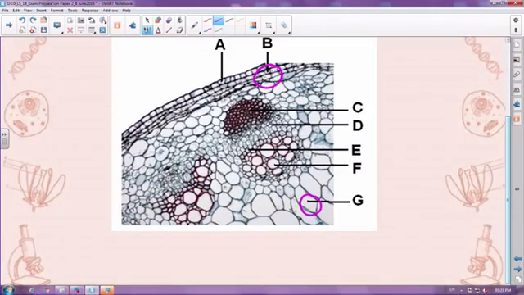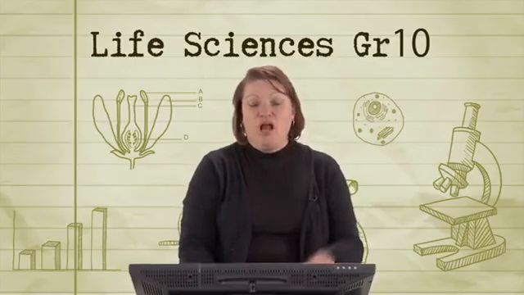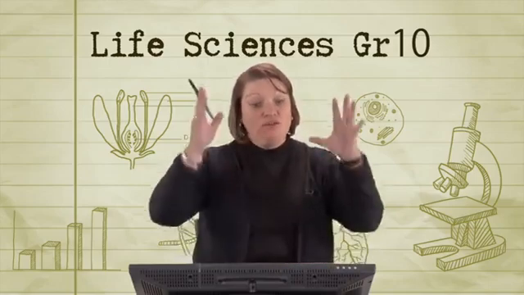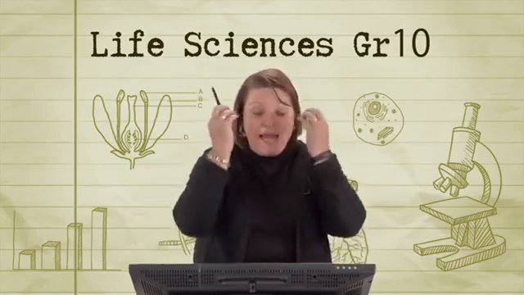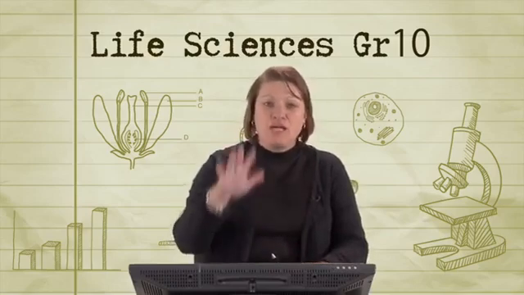If you were not able to identify from the beginning that it was a dicotyledon stem, how many marks would you have lost? A lot of marks. Because if you are not able to put labels to a diagram, then you're not going to be able to answer the questions. So it's really important that you know your diagrams and your labels very, very well.